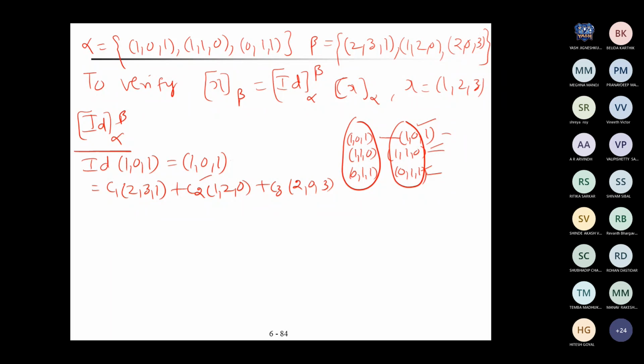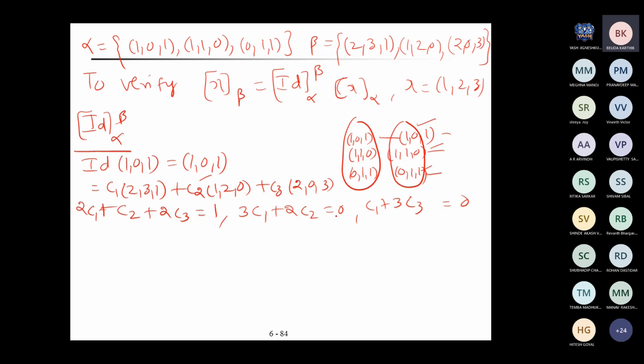2C1 plus C2 plus 2C3 is 1. Then 3C1 plus 2C2 is 0. Then the third equation is C1 plus 3C3 is 0, right?